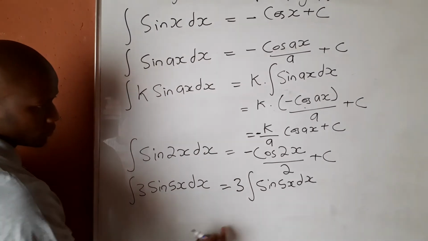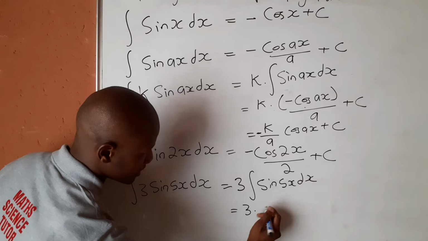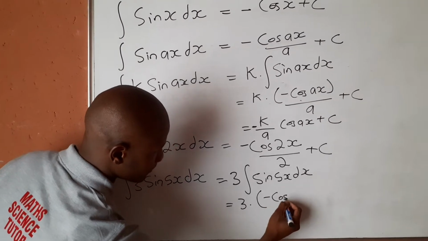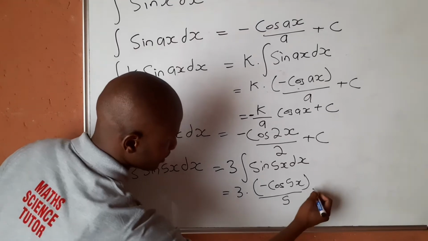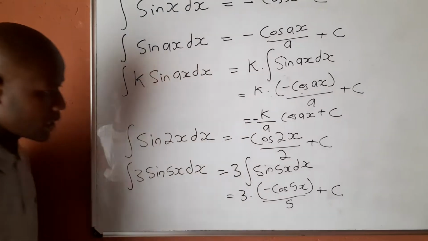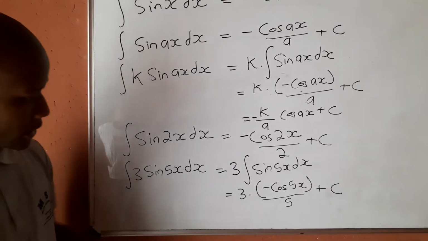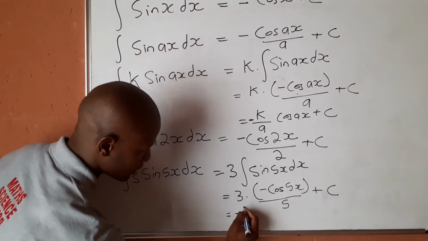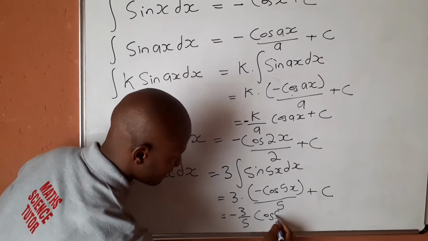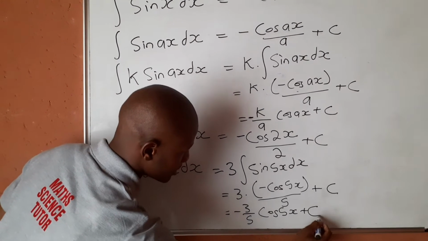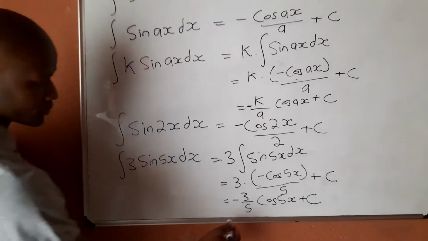So remember, integrating sine 5x dx gives 3 times negative cos 5x divided by 5 plus c. Now negative times positive is negative, so it will be negative 3 over 5 cos 5x plus c. I hope you understand, guys.